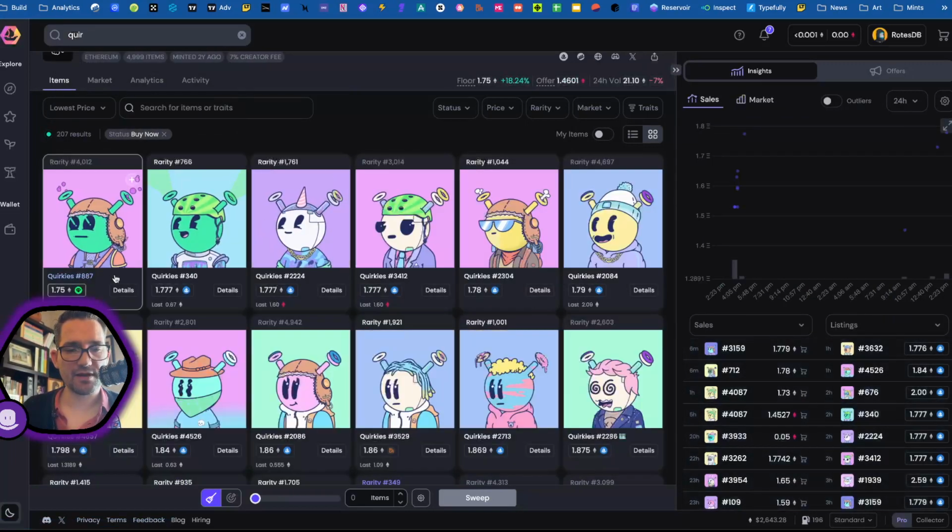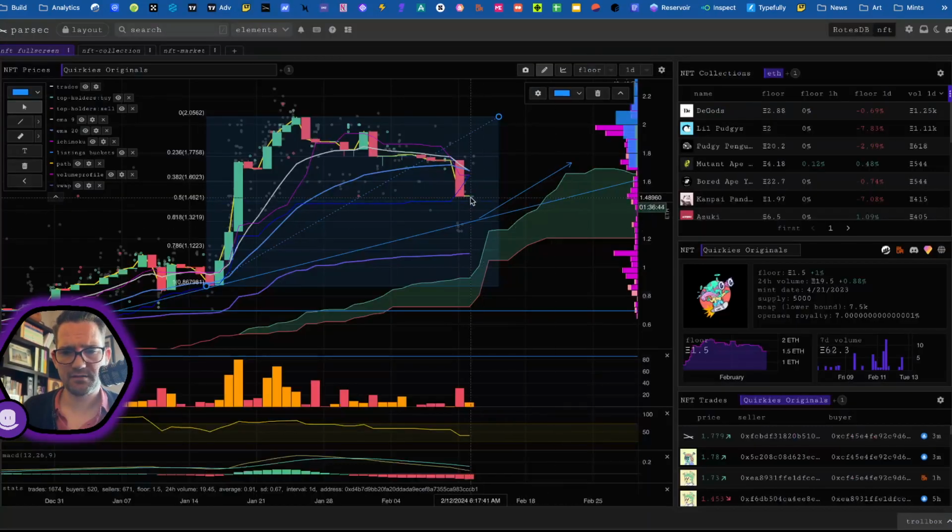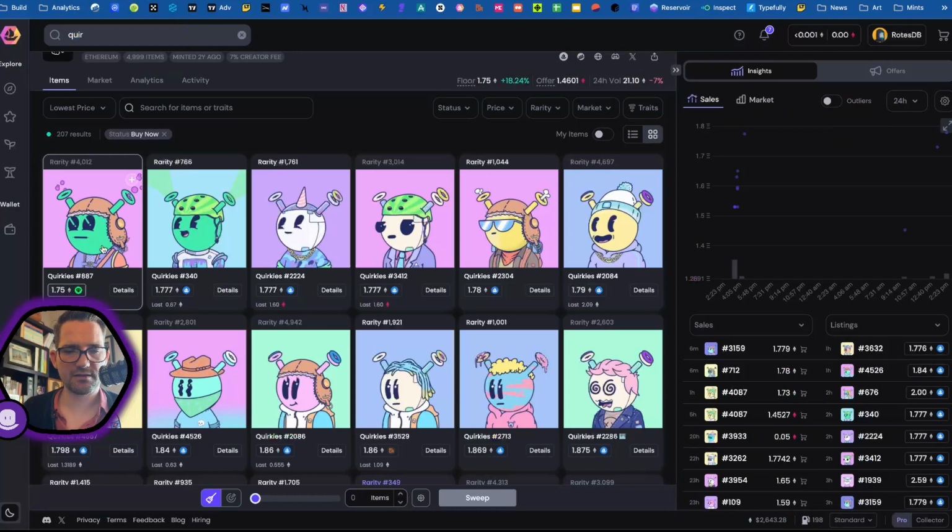And so Quirkies right now is 1.75. Is that reflected on here? Right, so this shows 1.5, but their floor price right now shows 1.75. How is that?